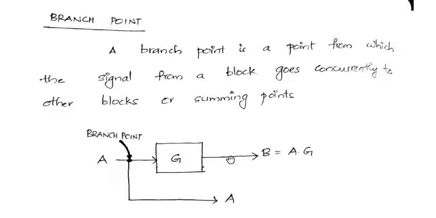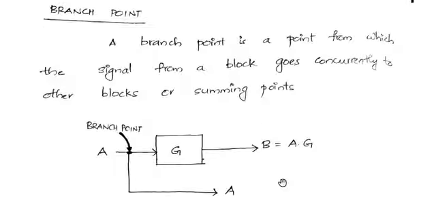If the branch point is here, then the signal that will pass through that branch will be A into G itself, because I am taking the branch from the output of block G. Whatever signal comes at the output of block G will pass through that branch. So that's a branch point.